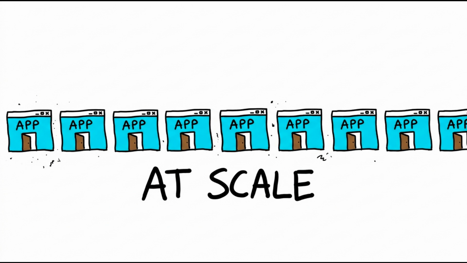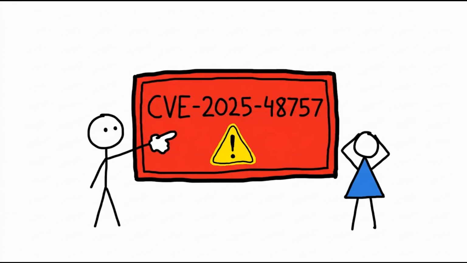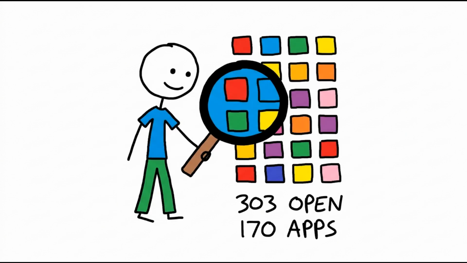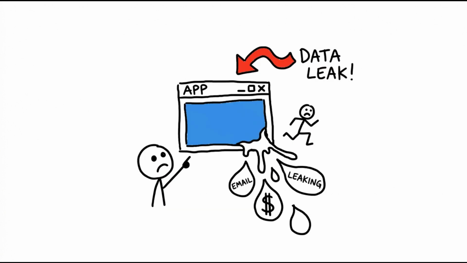It's called CVE-2025-48757. A security researcher named Matt Palmer went looking and found 303 of these wide open endpoints across 170 real, live, in-production apps, all built with AI, all leaking user email, payment status, and in some cases people's third-party API keys, just sitting there for anyone who bothered to ask.